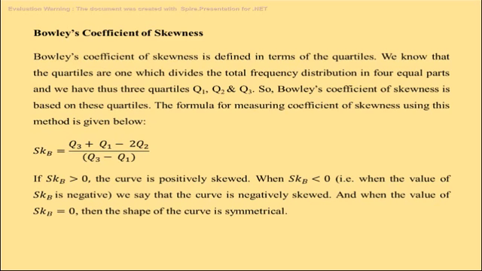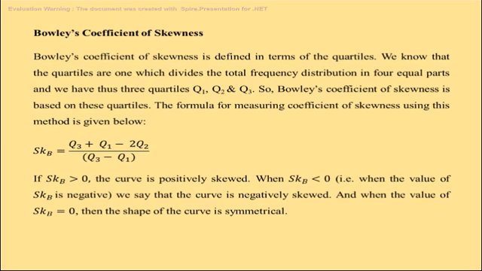If Bowley's coefficient of skewness is greater than 0, the curve is positively skewed. When it is less than 0, we can say that the curve is negatively skewed. And when it is equal to 0, the shape of the curve is symmetrical.